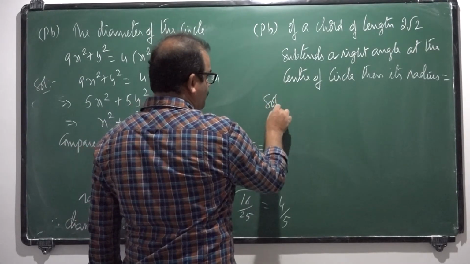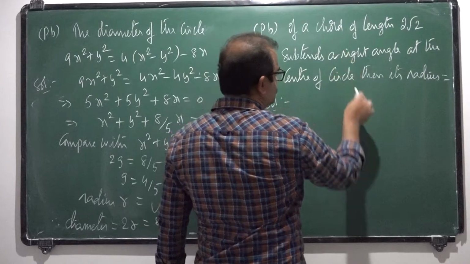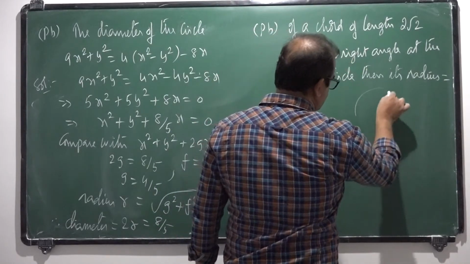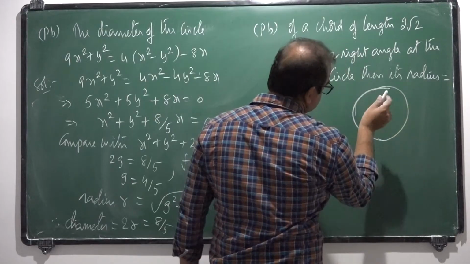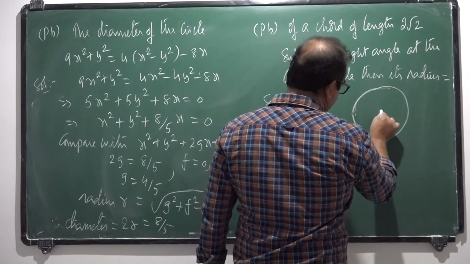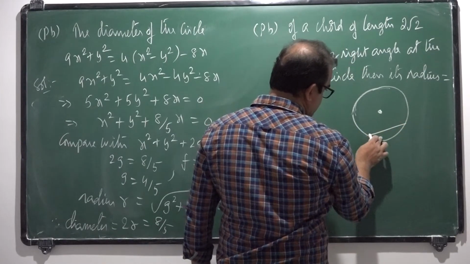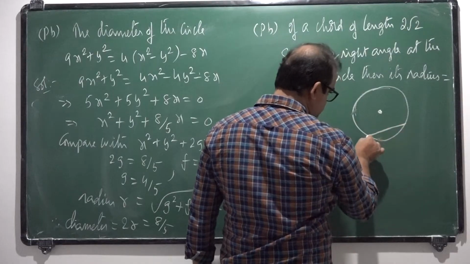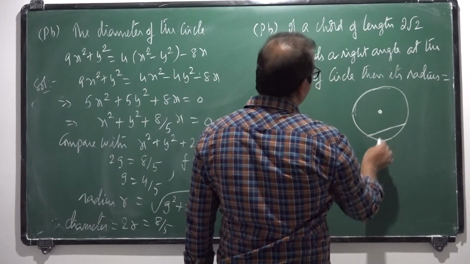First read the problem. What is given? Chord of length 2 root 2. Draw the diagram. This circle, it is center, and it is some chord. What is the length of the chord given here? 2√2.